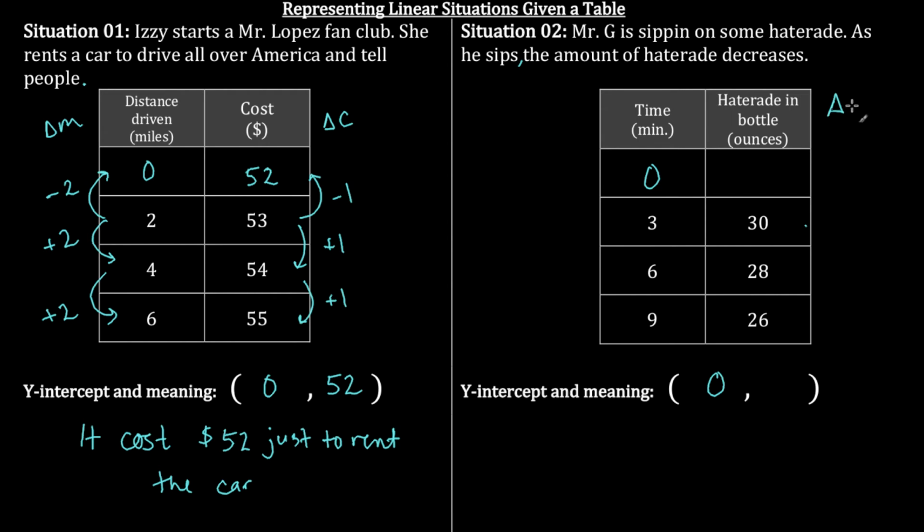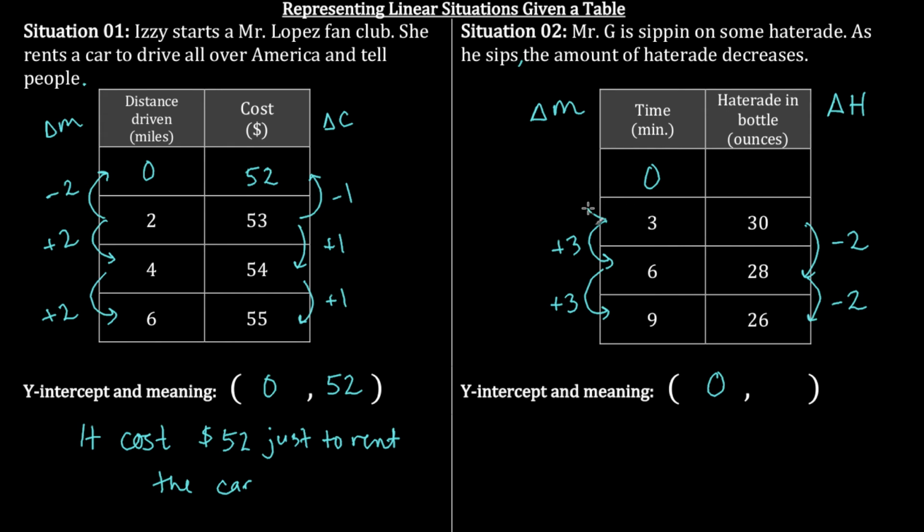So the change in haterade, and I'm going to put, instead of time, I'm going to put minutes. I prefer doing that. So the change in haterade. So the haterade decreases by 2 ounces every 3 additional minutes.